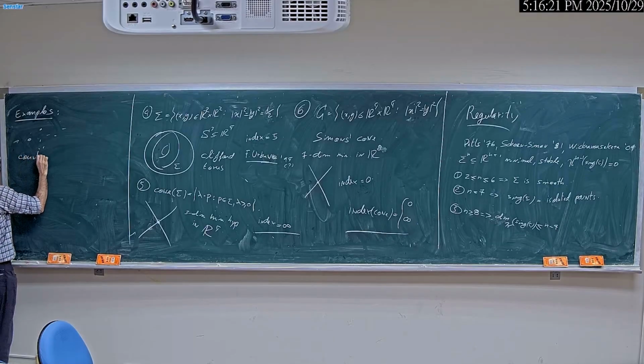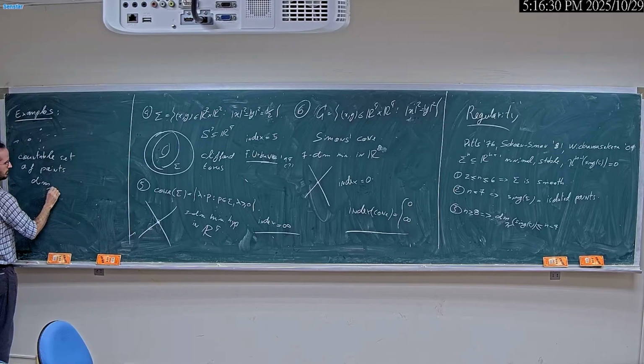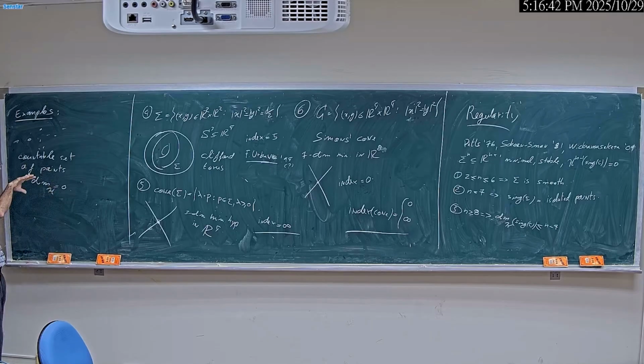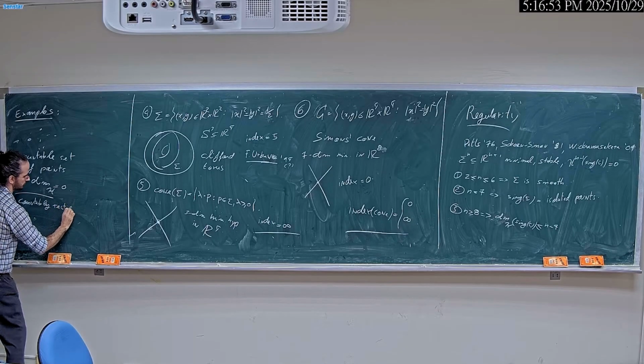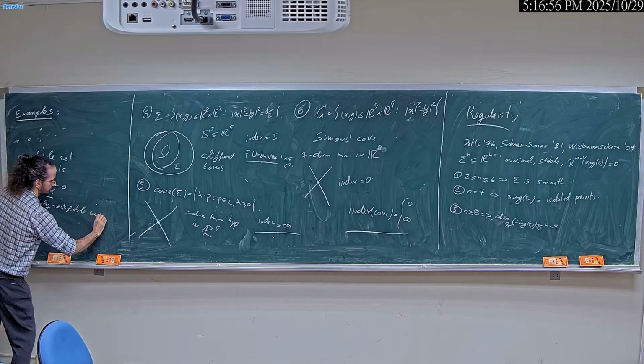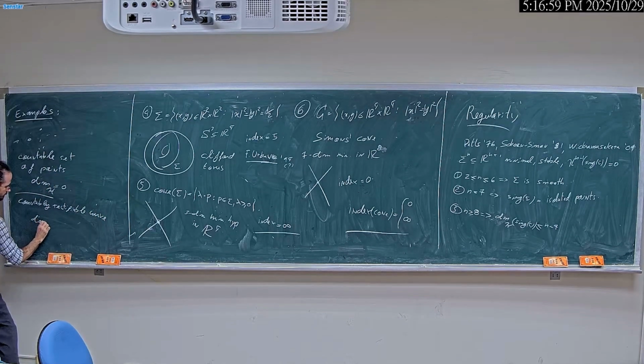So if you have a countable set of points, then the dimension is equal to 0. If you have a rectifiable curve, a curve that you can measure length, countably rectifiable, so just a countable union of regular curves, the dimension is equal to 1.